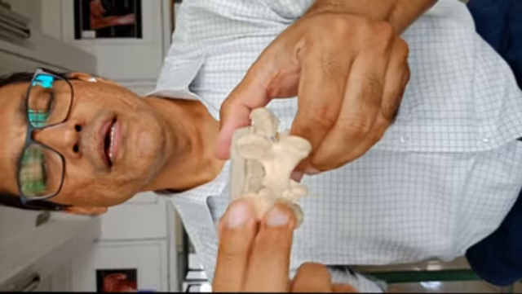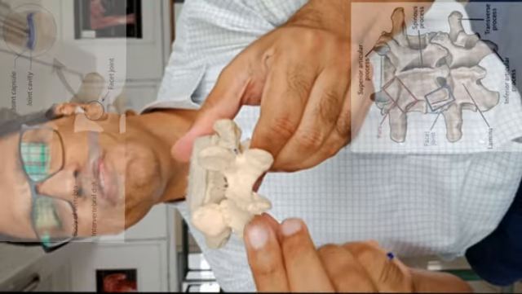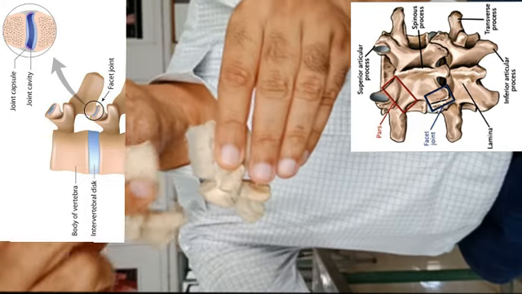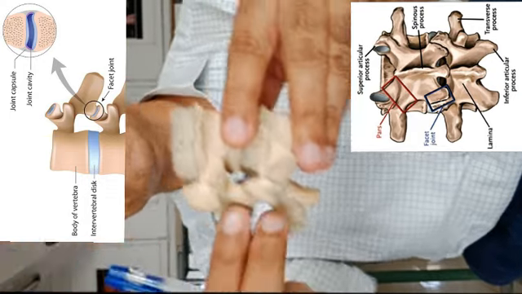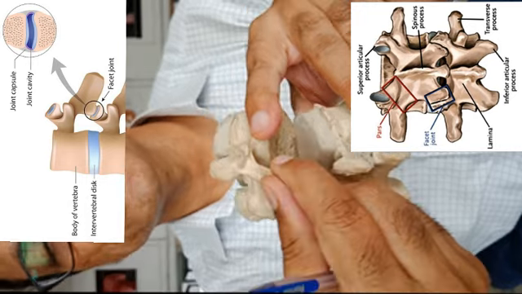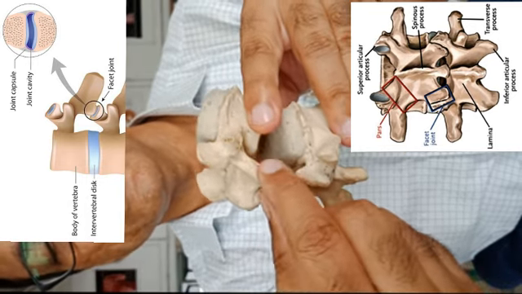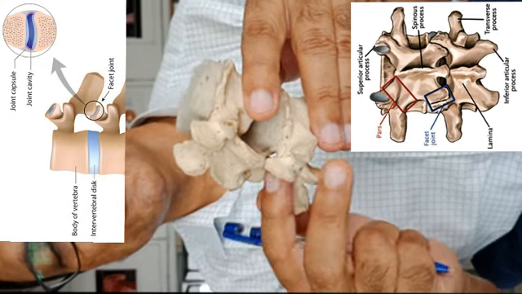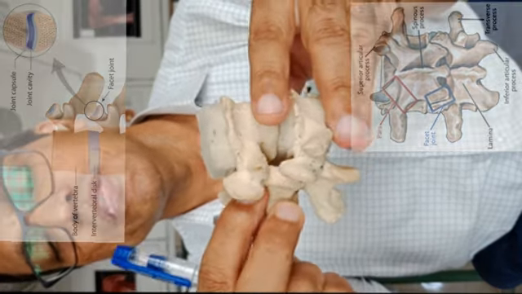Now if you see the superior articular process and the inferior articular process, which form the facet joint, you can see the inferior articular process of the upper vertebra joining with the superior articular process of the lower vertebra and forming the facet joints on both sides.